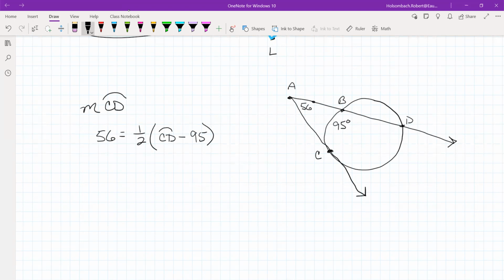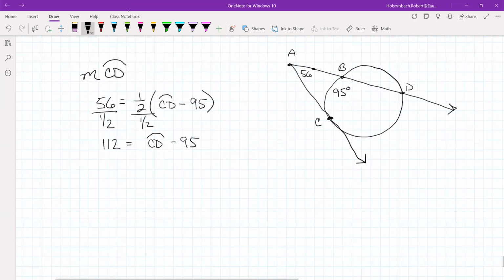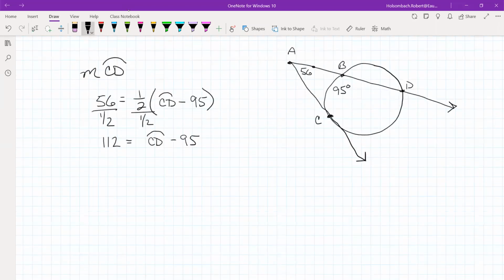Now, the first thing you want to do in this case, when what you're solving for is inside the parentheses, is divide both sides by 1/2. And when you divide 56 by 1/2, it doubles it. So we get 112 equals arc CD minus 95. We're going to add 95 to each side.